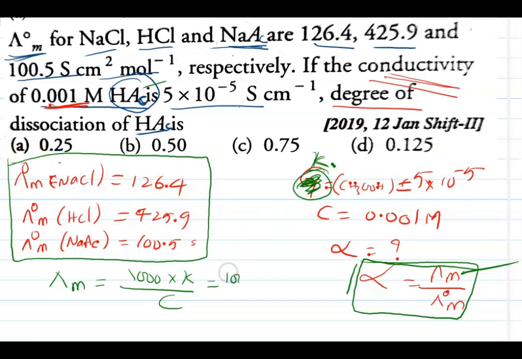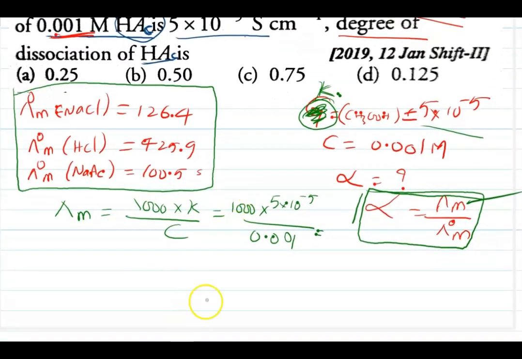So 1000 into kappa, which is given as 5 into 10 to the power of minus 5, by C, which is 0.001. 0.001 means 10 to the power of minus 3.